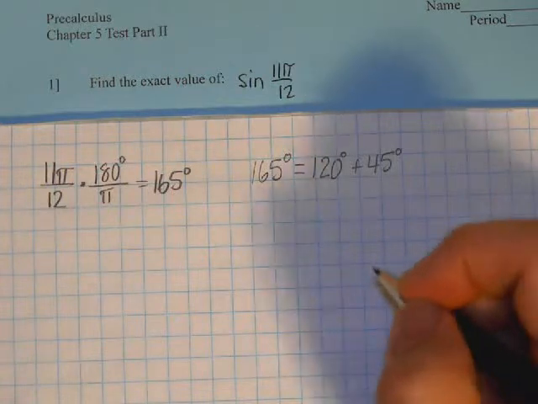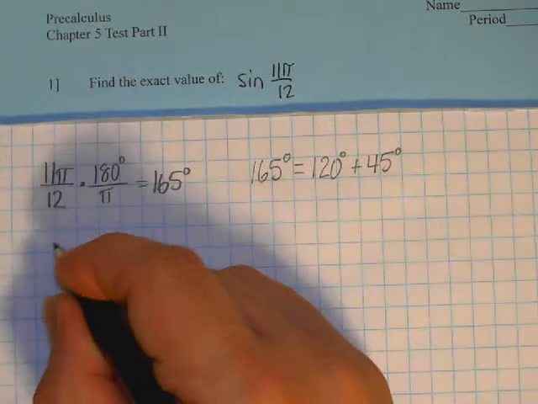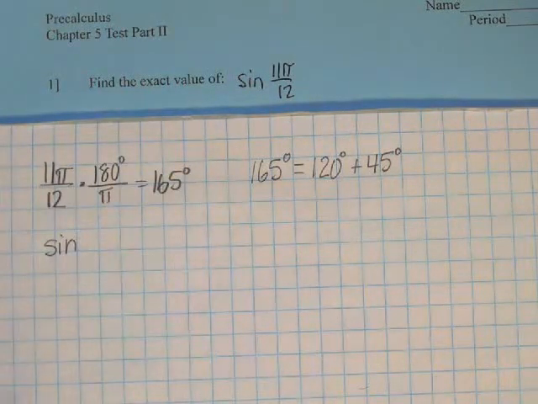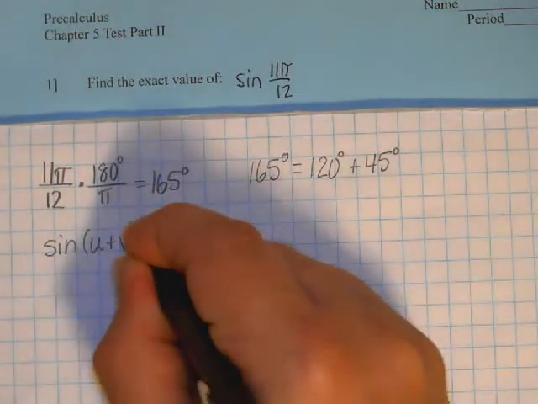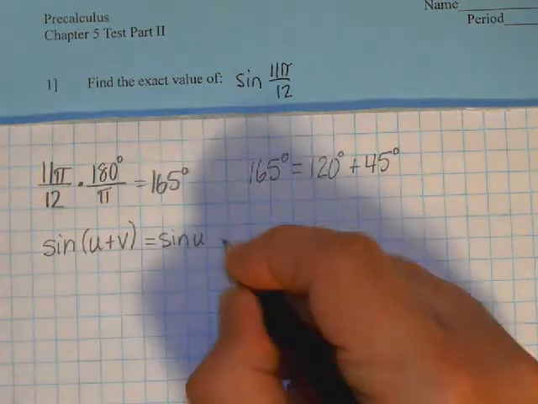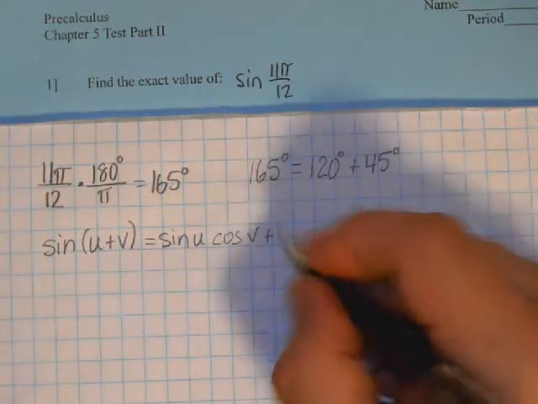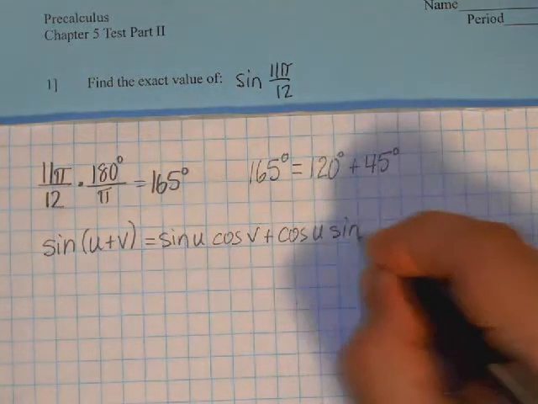So that means I'm going to need to use the sum formula for sine. So I know that the sine of u plus v is equal to sine u cosine v plus cosine u sine v.